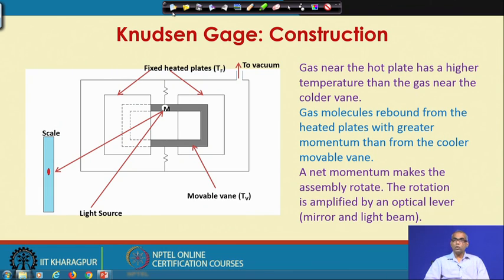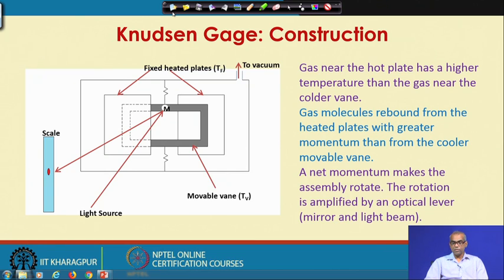So, when the gas molecules rebound from the heated plates, they will rebound with greater momentum than from the cooler movable vane, because the gas near the hot plate has a higher temperature than the gas near the colder vane.